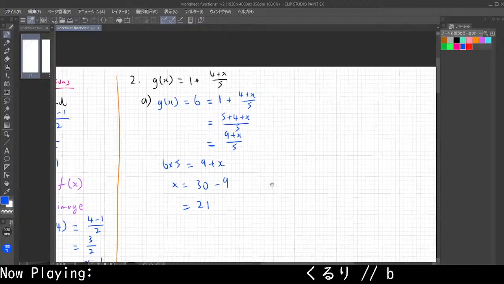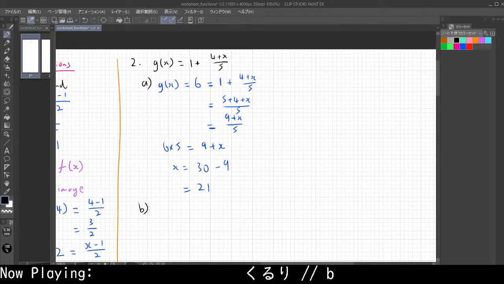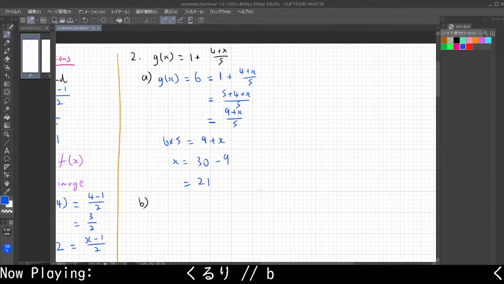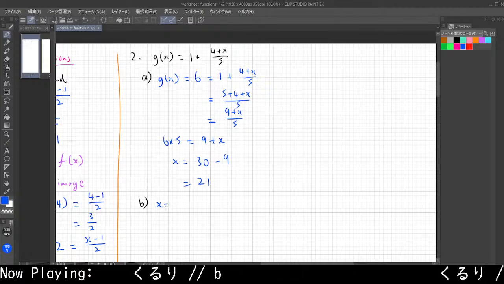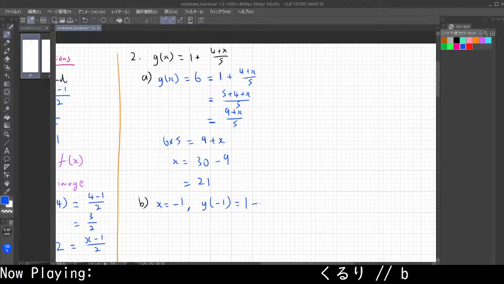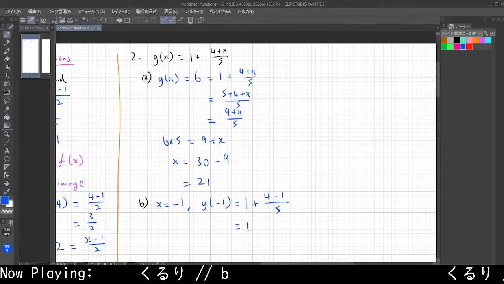Okay, B, image of -1. Image is your g(x), therefore to find your image you will be given your object, which is your x. Sorry, x will be equal to -1. g(-1) will be equal to 1 plus (4 minus 1) over 5, with x replaced with -1. 4 minus 1 is 3, so 1 plus 3 over 5.